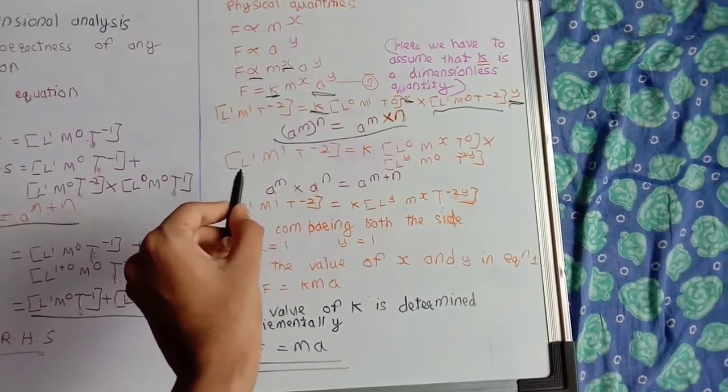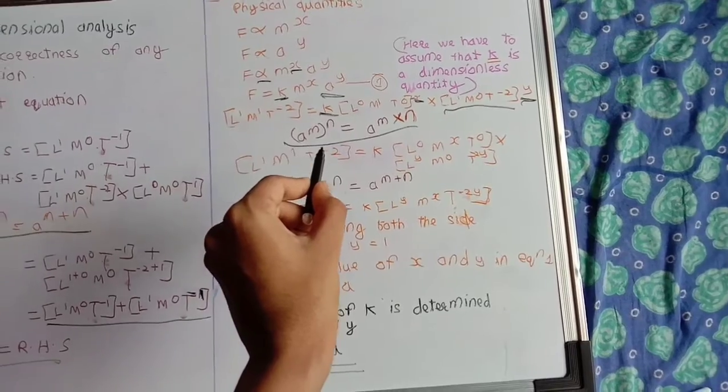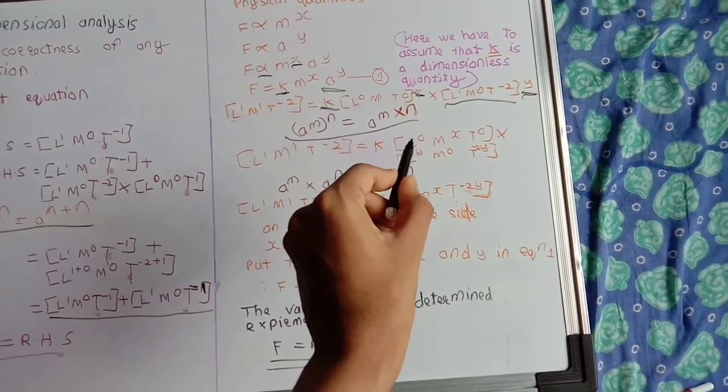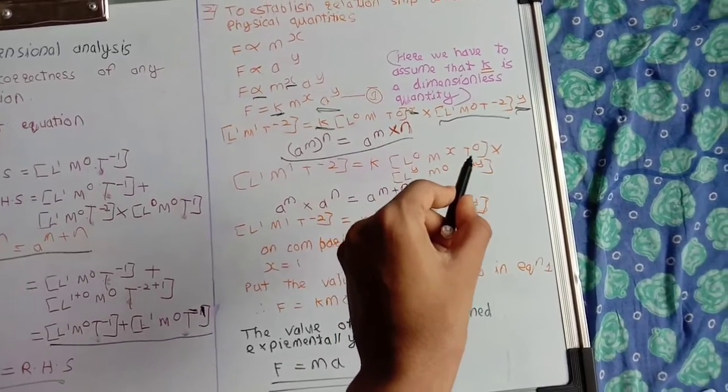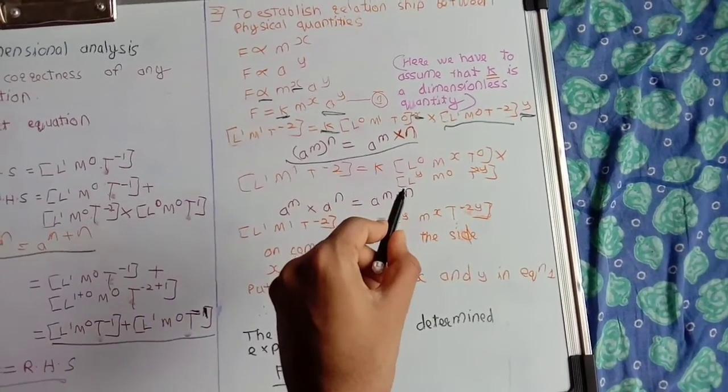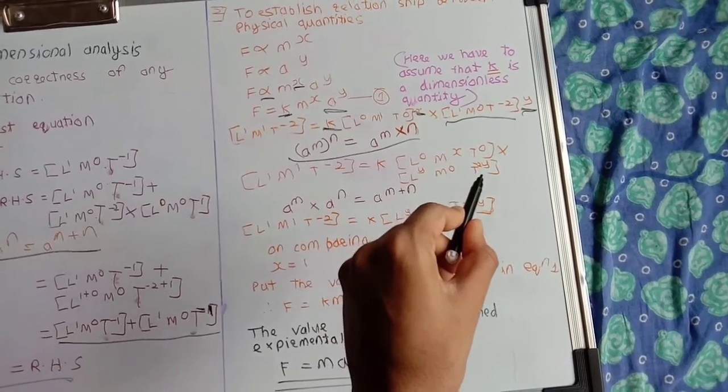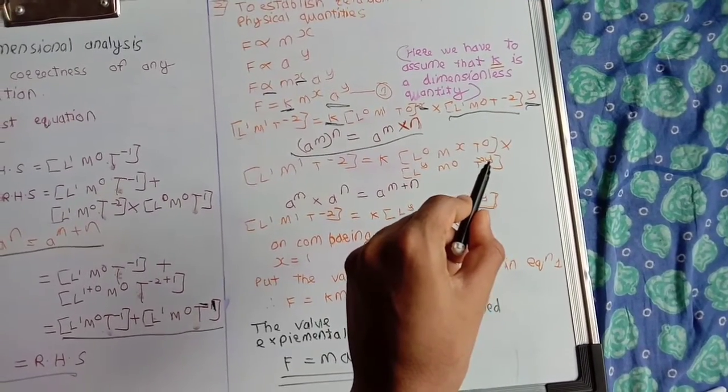here we will get L raised to 1 M raised to 1 T raised to minus 2 is equal to k L raised to 0 M raised to x T raised to 0 into L raised to y M raised to 0 and T raised to minus 2y.